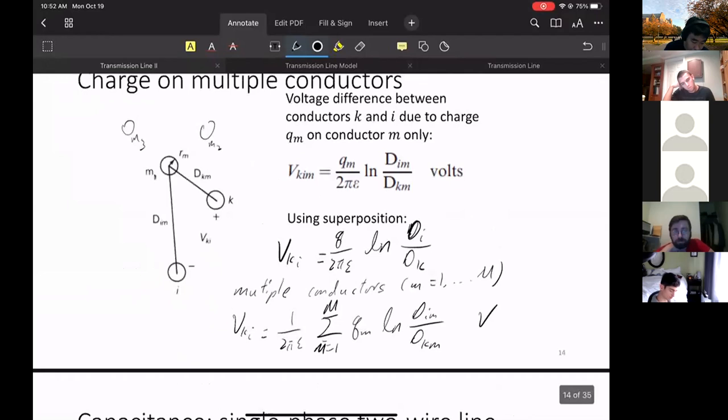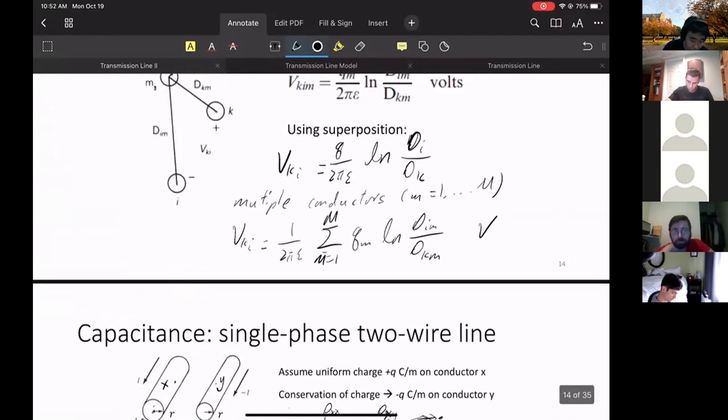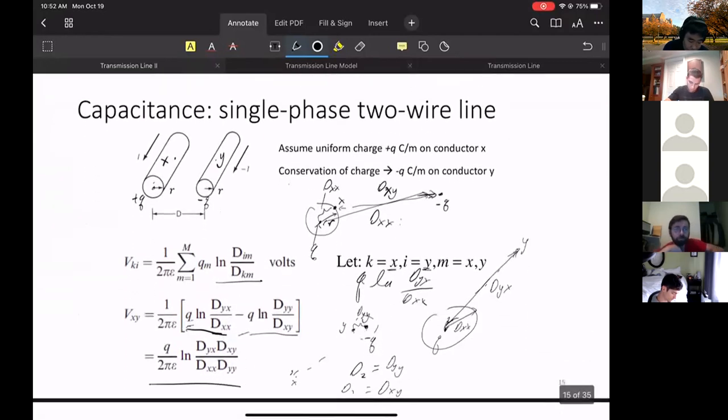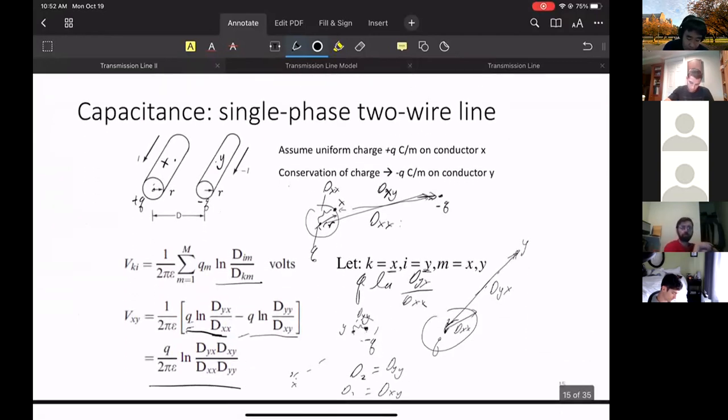M denotes the charge carrying conductors. Here both x and y conductors carry charge. We're only computing the voltage difference from x to y, Vxy. So there are two conductors carrying charge, so there are two terms in the sum.